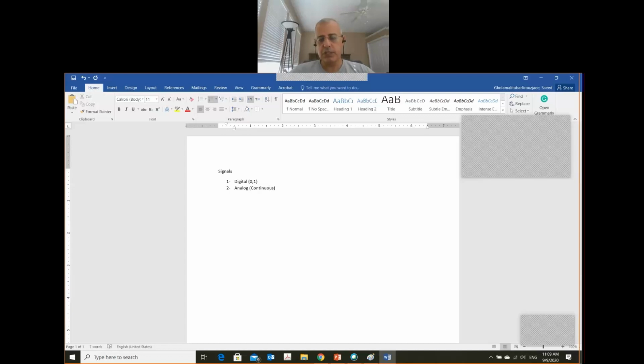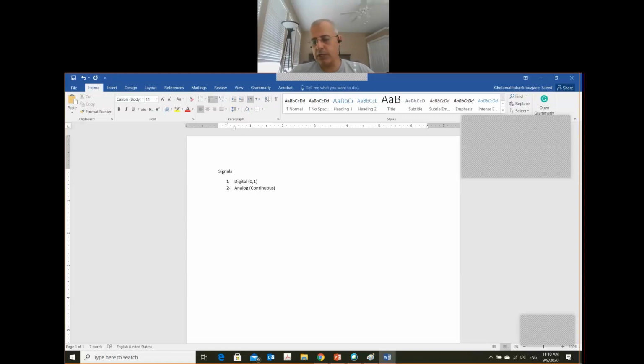The difference between digital and analog is that in digital we have a limited number of values between each pair of numbers. Like this binary data, we have only 0 and 1. We can count these numbers. But for analog, between 0 and 1 there is an unlimited number of real values between each pair of numbers.